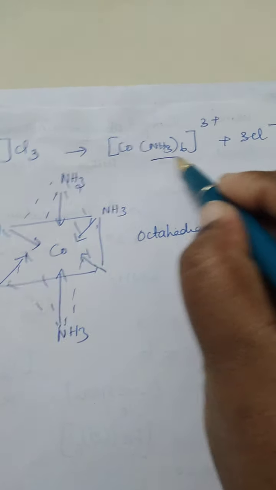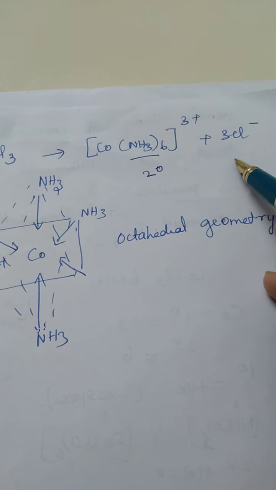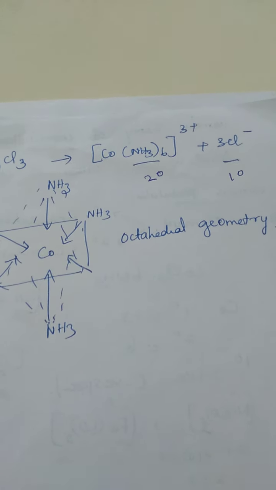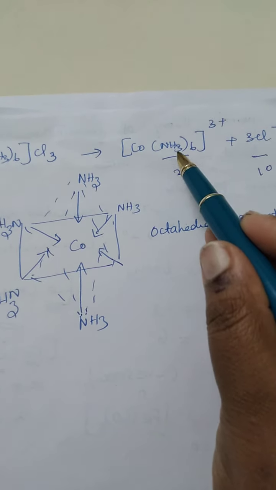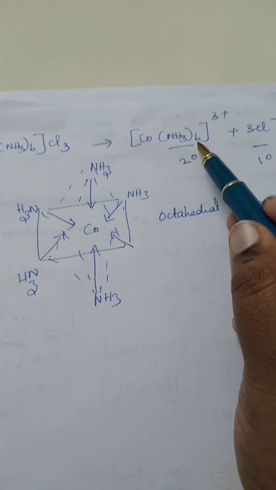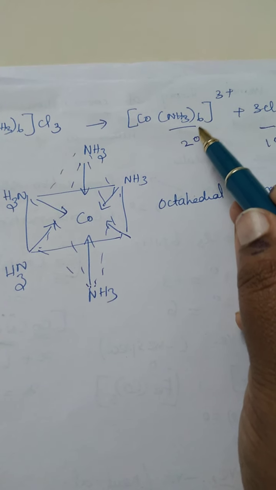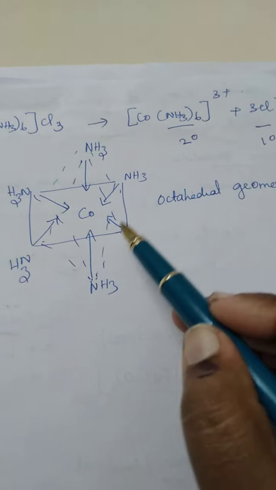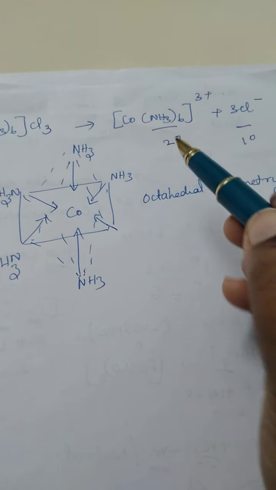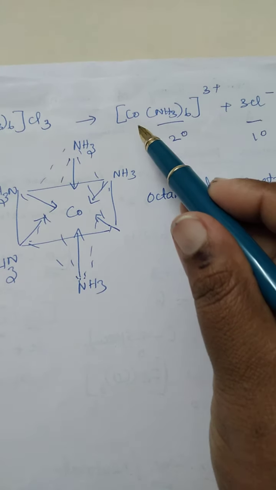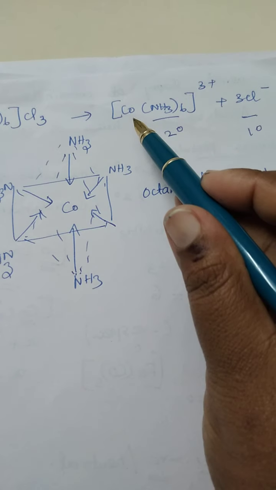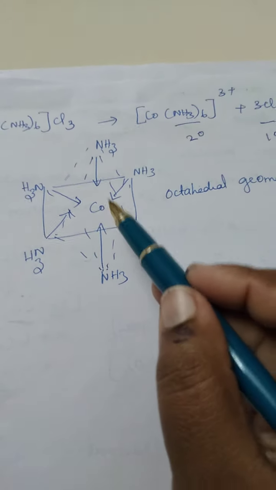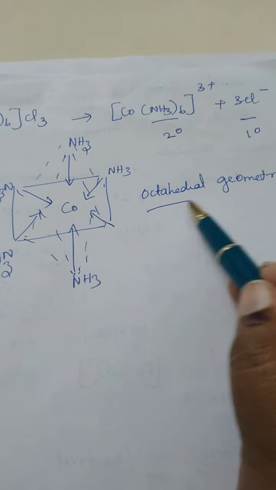This is something which satisfies the secondary valency. This is something which satisfies the primary valency. So the secondary valencies are directional in nature. If I know the coordination number, or else the secondary valency, I can say what the geometry of that molecule would be. As the coordination number of this cobalt, or else the secondary valency of this cobalt, is 6, hence the shape of the molecule is octahedral.